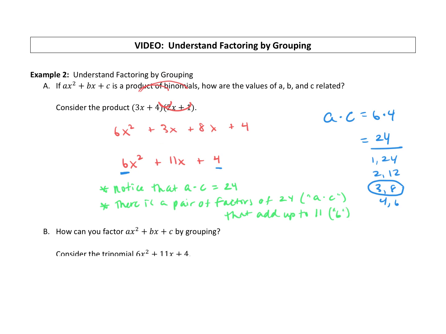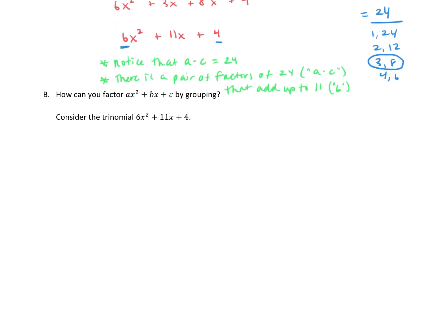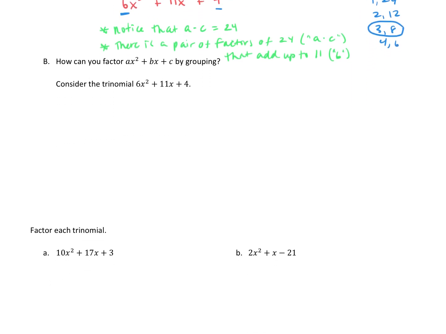So this 3x plus 8x gave us this 11x, and we found that those 3 and the 8 were a factor pair of our a times c. So we are noticing some things. We are going to apply that to factoring a trinomial by grouping.